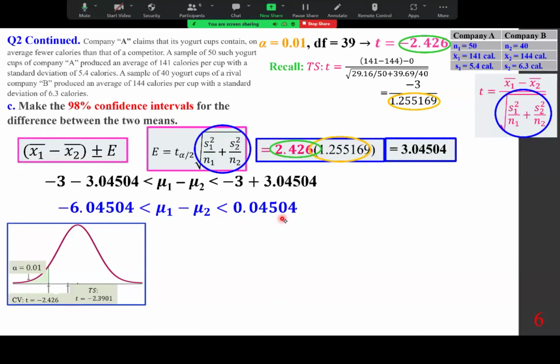Let's do technology. We're going to do two sample T interval, and we're going to put the information. So we put x1 bar, S1, N1, x2 bar, S2, N2, and the confidence level is 98%. Take a look at this answer. And I want you to pay attention again to the degrees of freedom, which is different than what we had assumed.